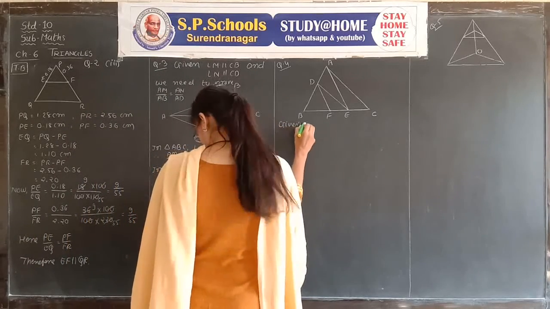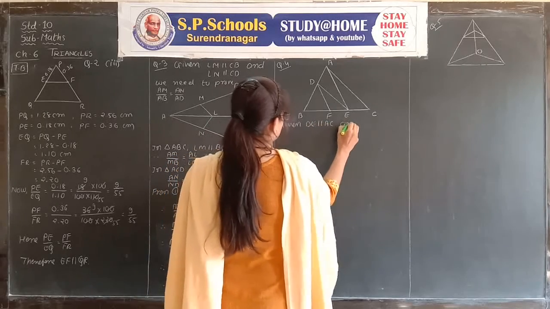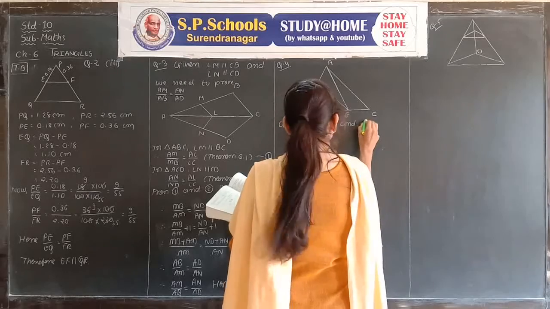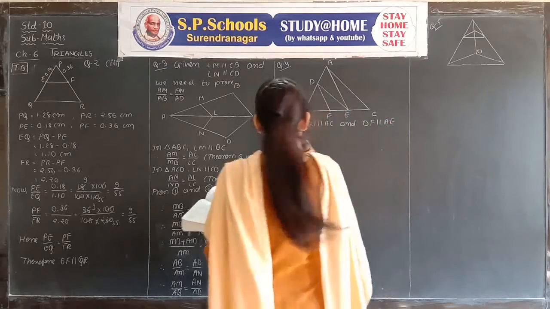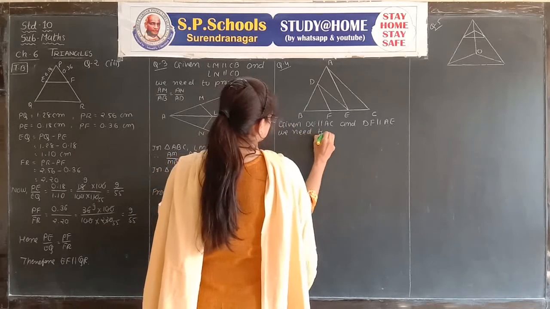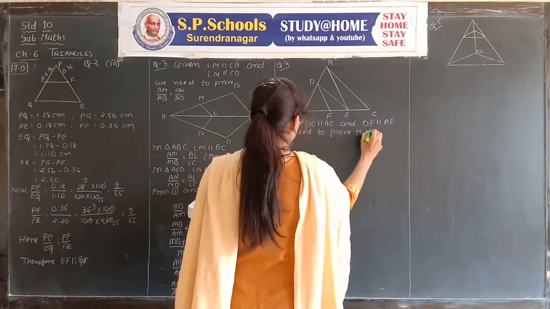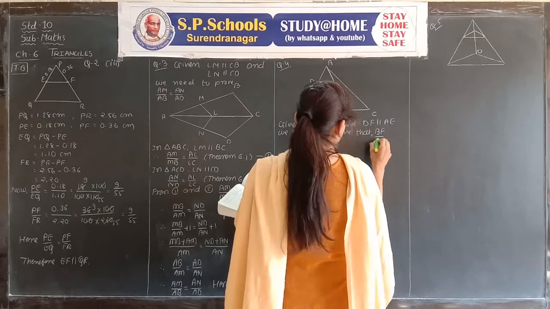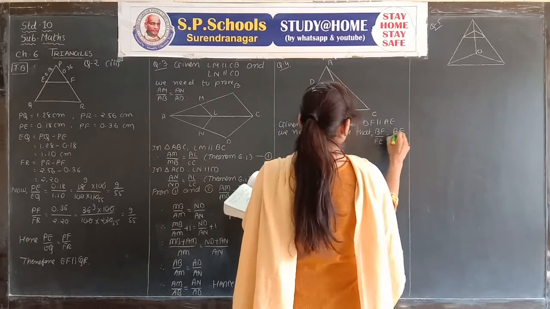Given: DE parallel to AC and DF parallel to AE. We need to prove that BF upon FE is equal to BE upon EC.